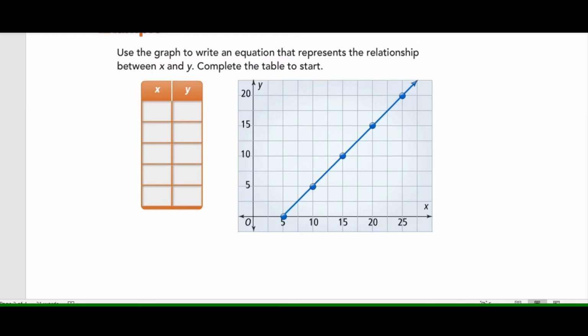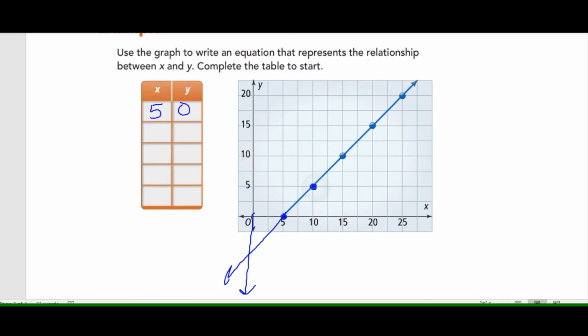All right, so we can see here that this is not a proportional relationship because it does not pass through the origin 0, 0. And the way that the graph looks, we don't know what the y-intercept is, so all we have to use is these ordered pairs. So we can see that the first ordered pair that we have is 5, 0.